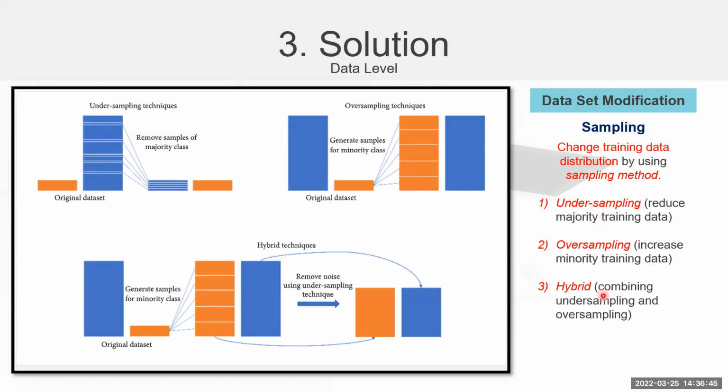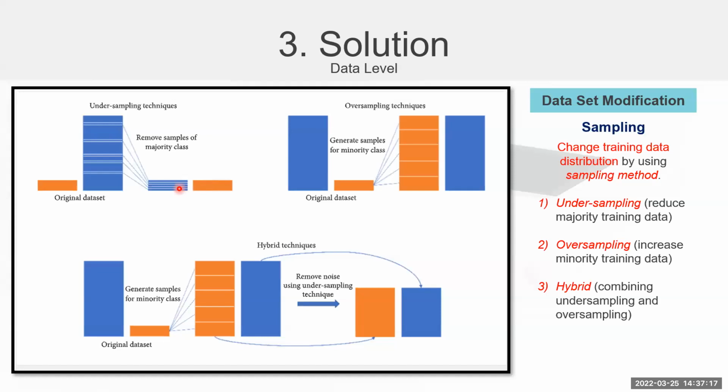There are three sampling methods. First, undersampling. Undersampling means we reduce the majority data so that it becomes smaller, using a sampling method. So the number of majority data decreases, and at the end of the process, the number of majority data is the same as the minority data.